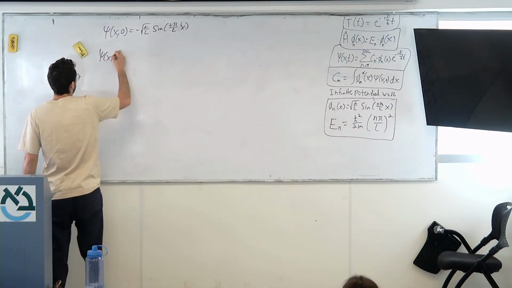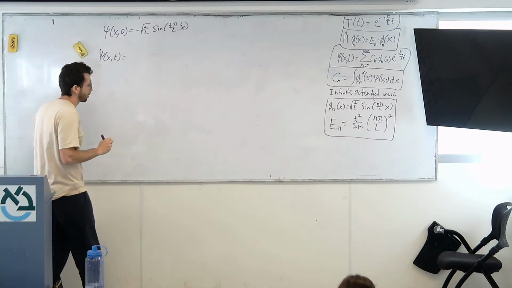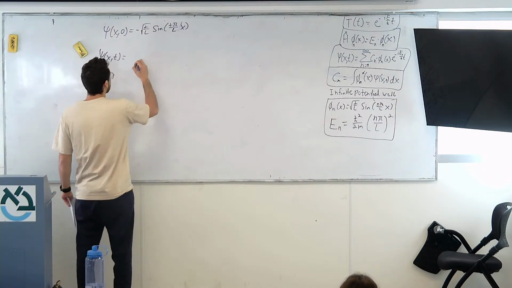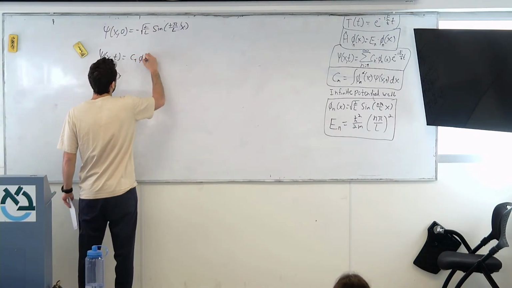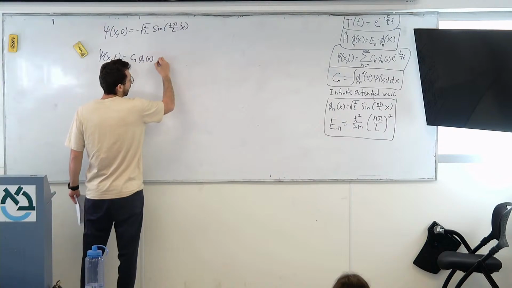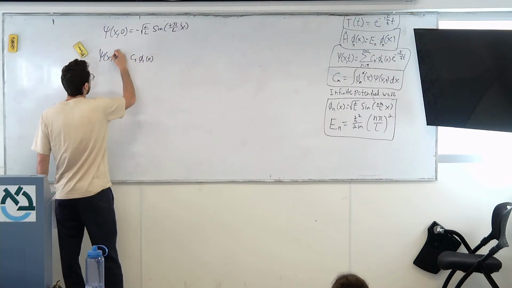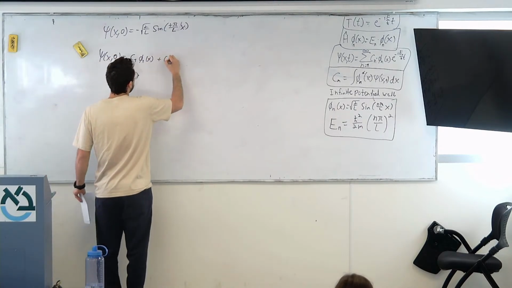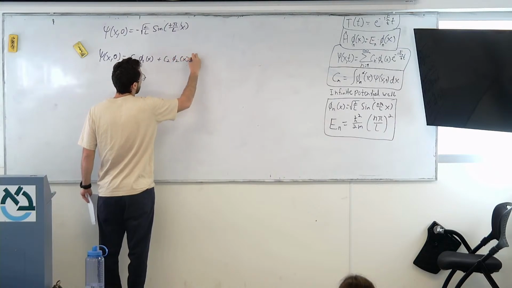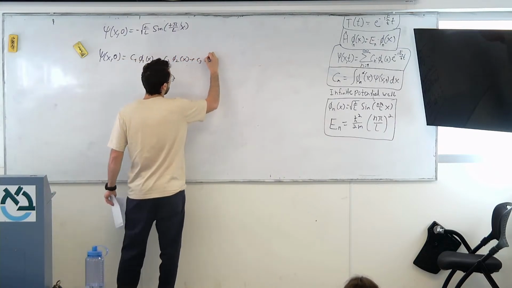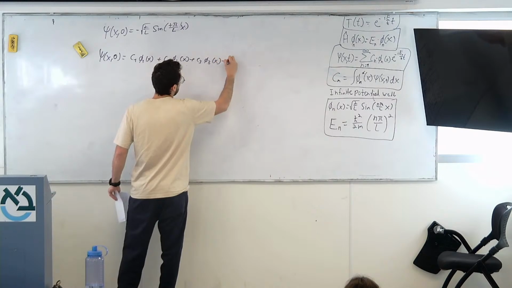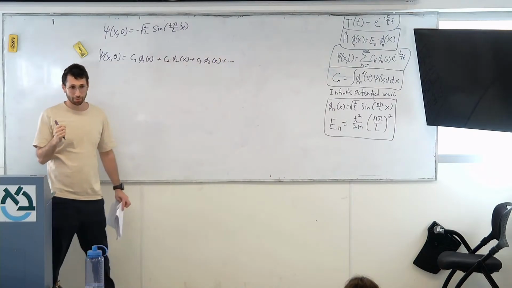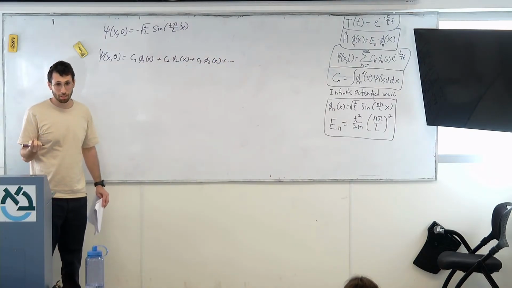We can actually cheat here a little bit, because this problem is so easy, and write it as C1 phi1 of x plus C2 phi2 of x plus C3 phi3 of x, plus all the infinite amount of terms, and do mix and match.